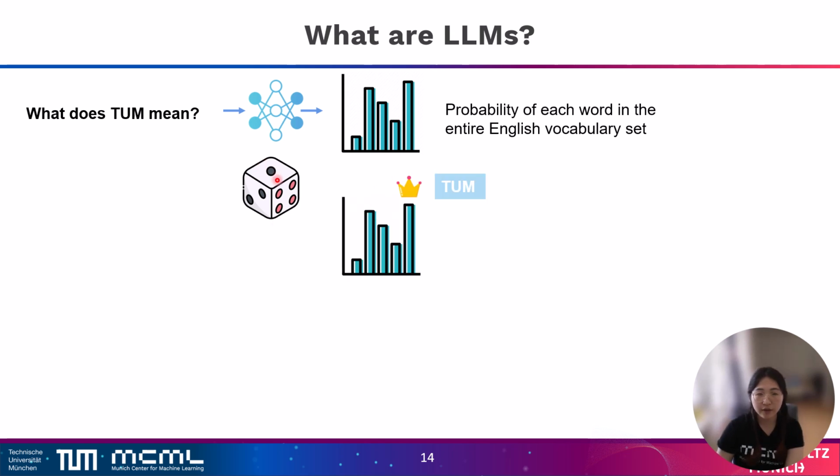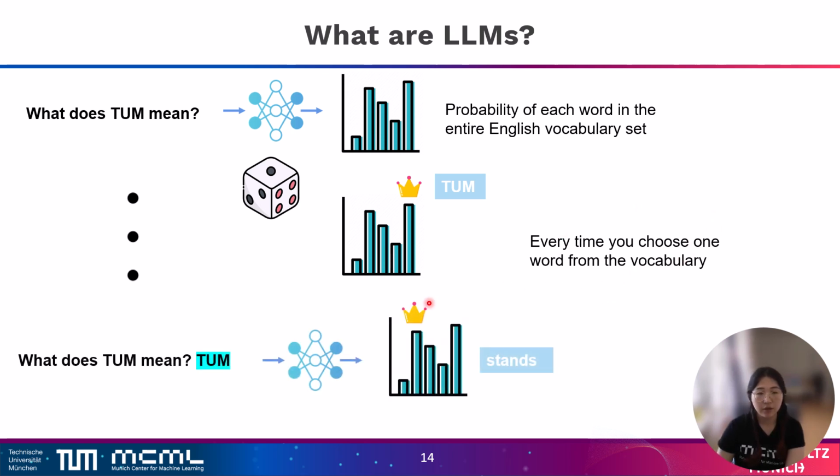Here maybe the index is 1, so the index behind the word is 2, so I select 2. And then I do it every time. Every time I choose one word from the vocabulary. So now with the 2, I do it again, and this time it's "stands." So every time I just generate one word, and I select the word based on the probability of each word across the entire vocabulary set.